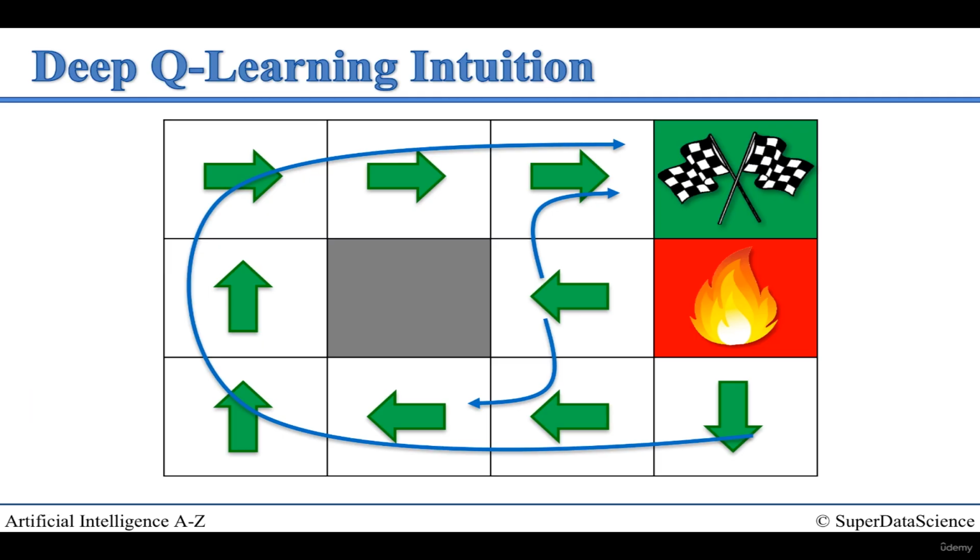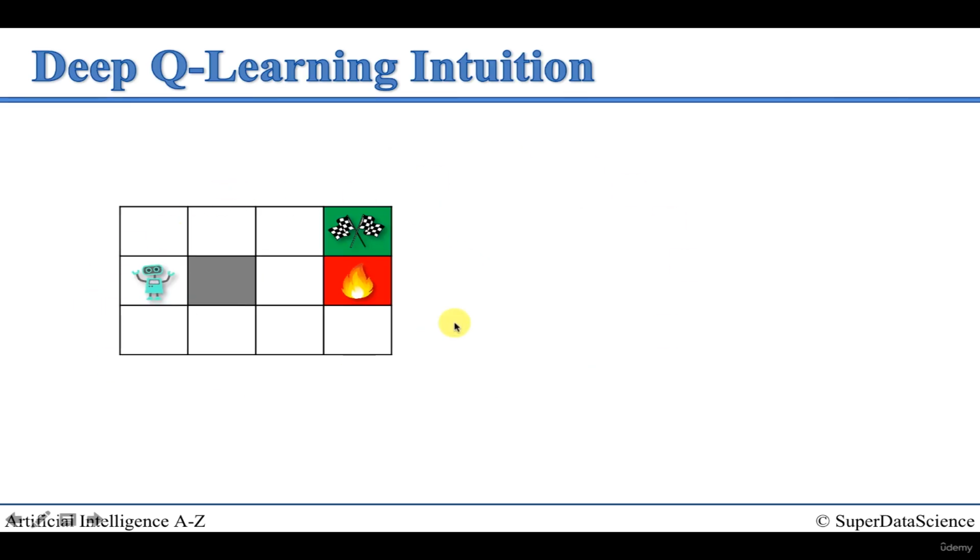And now let's have a look at how this can be taken to the next level through deep learning, through adding deep learning. Okay, so this is our environment. And what we're going to do now is we're going to add, instead of just doing basic calculations in this matrix that we have, which is pretty simple, two axes.